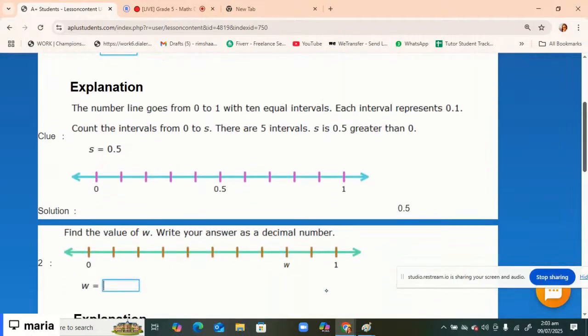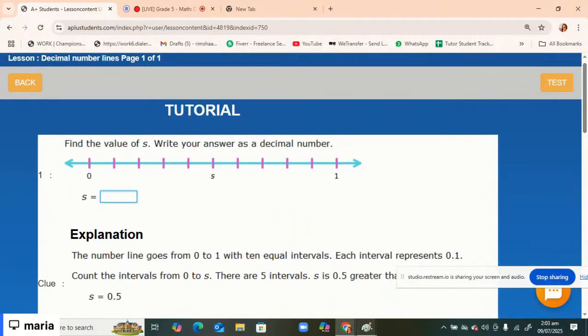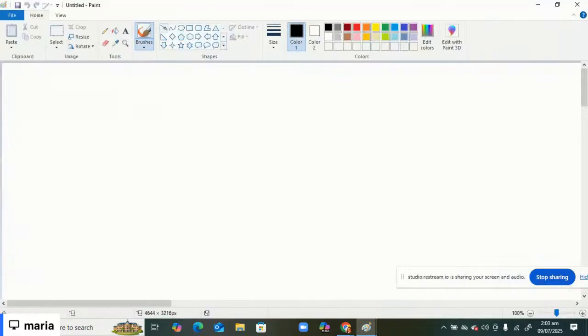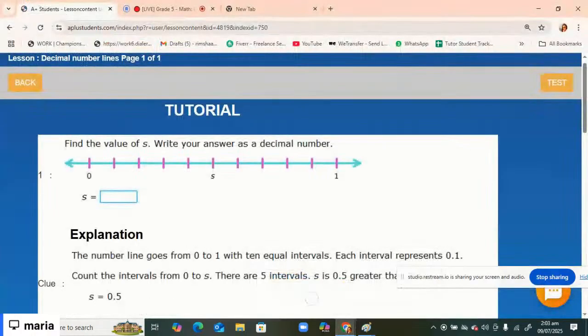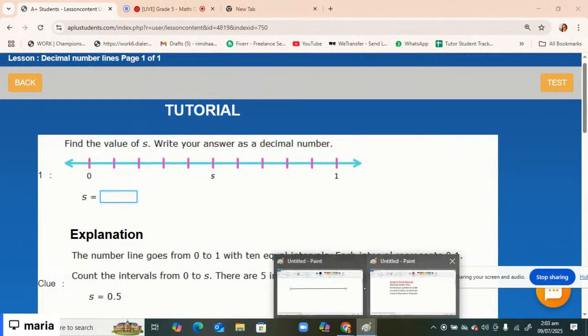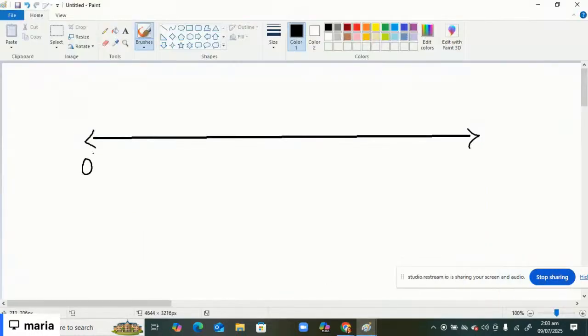First of all, I'm going to tell you what a number line is and how we can write a number line in the form of decimals. Let's suppose this is our number line, from 0 to 1.